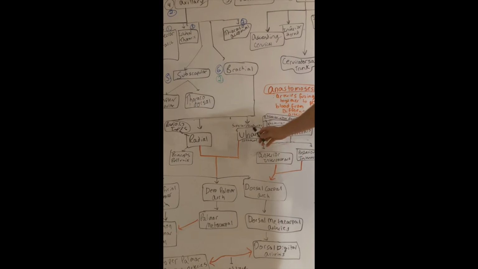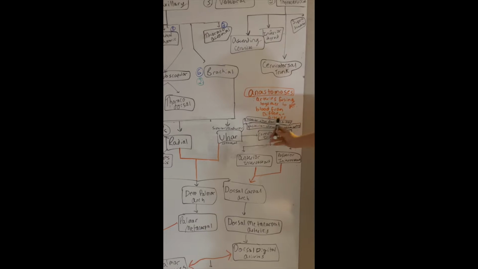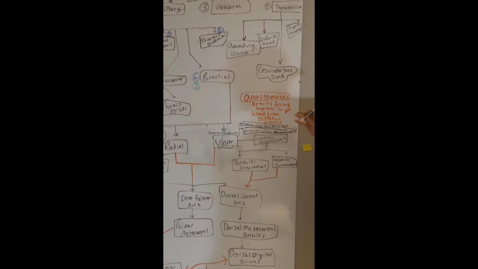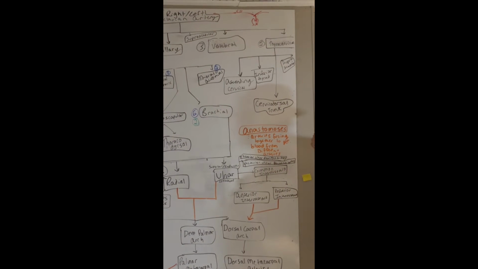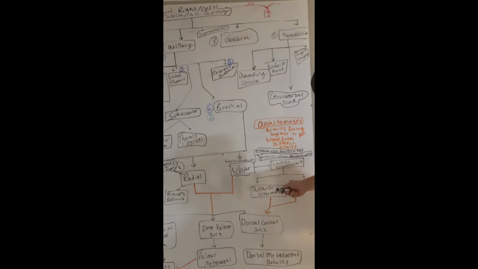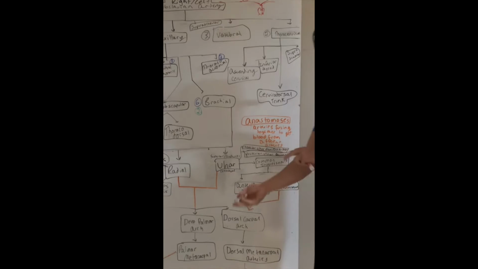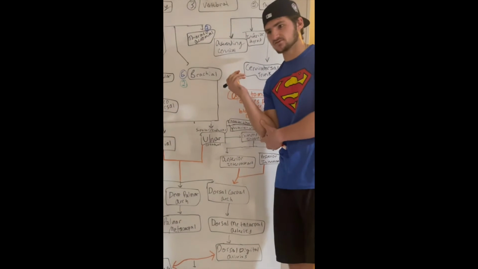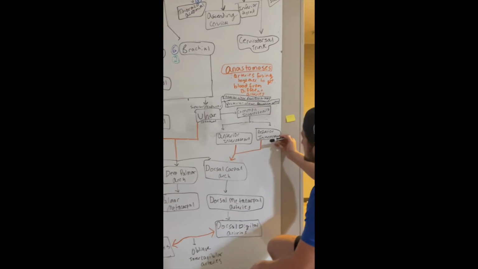Brachial to ulna, ulna goes to anterior ulnar recurrent, posterior ulnar recurrent, or common interosseous. Now, the common interosseous has its own division as well. This is going to branch into the anterior interosseous or the posterior interosseous. Okay, that's the anterior side and posterior side of your arm.